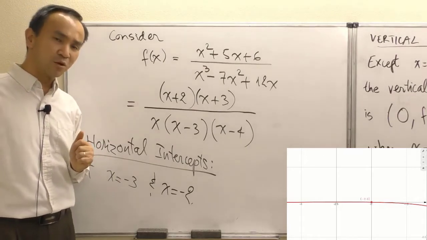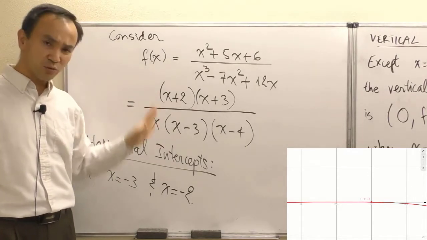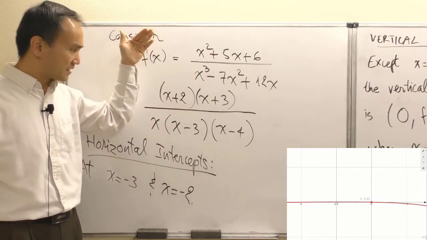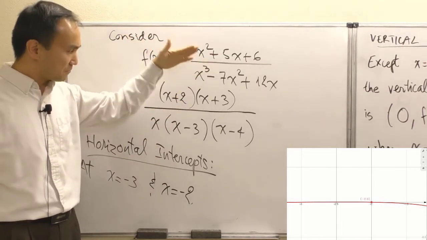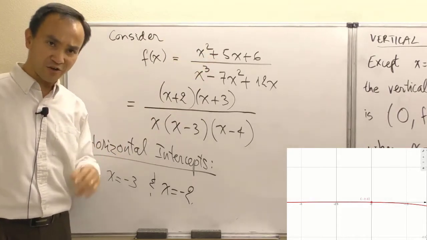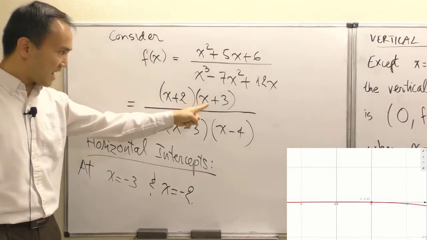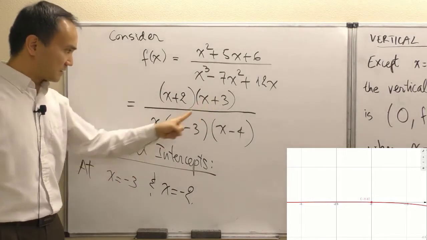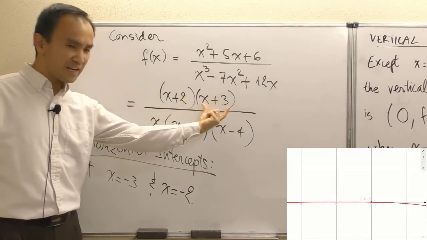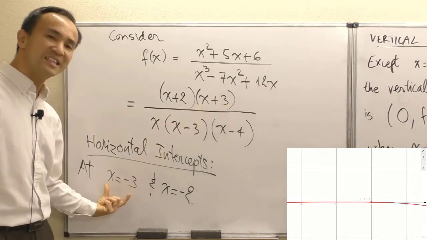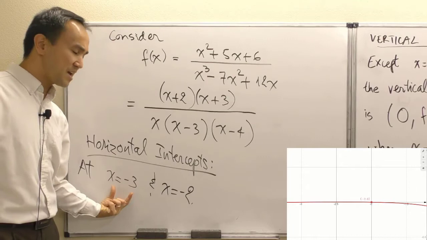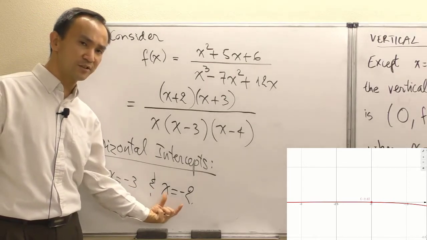And once we're done with this lesson, it's always a good idea to start out by factoring completely the numerator and denominator of any rational function. Because now that shows immediately some relationship between this factor here in the numerator and that horizontal intercept. Is that the same case again for the other horizontal intercept?